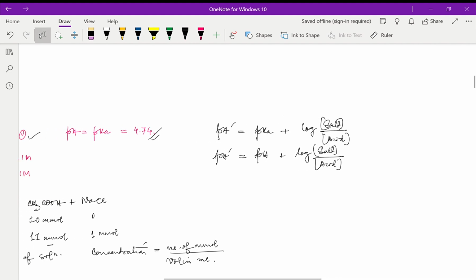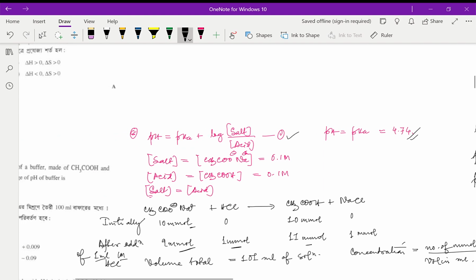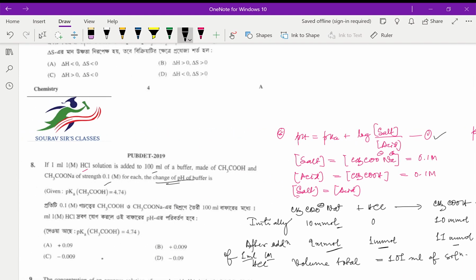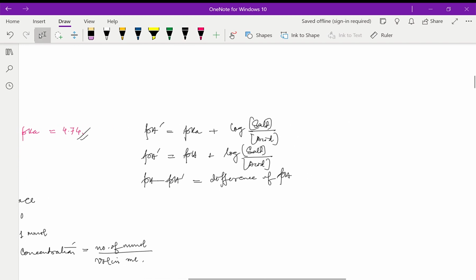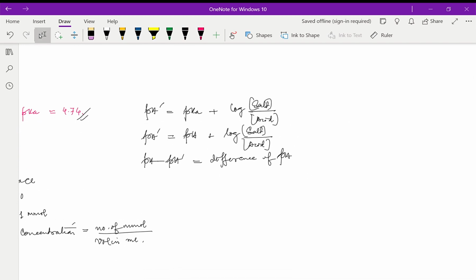or we can say pH minus pH prime, which is the difference of pH. That is what we have been asked in the question. What is the change in the pH? Okay, that means old pH minus new pH. That is going to be what?